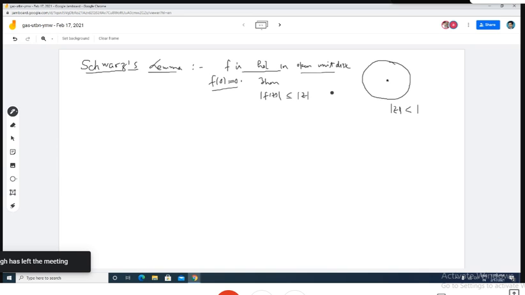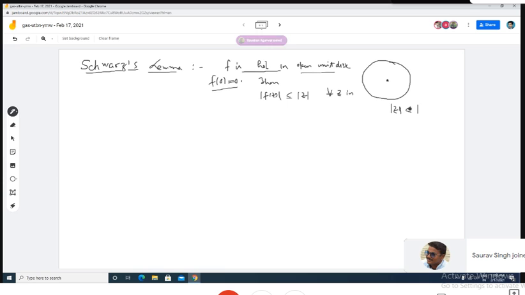And for all z in the disk, if you call this set D2, the collection of all z satisfying this condition, so for all z in D2, this modulus of f(z) is always less than or equal to modulus of z.